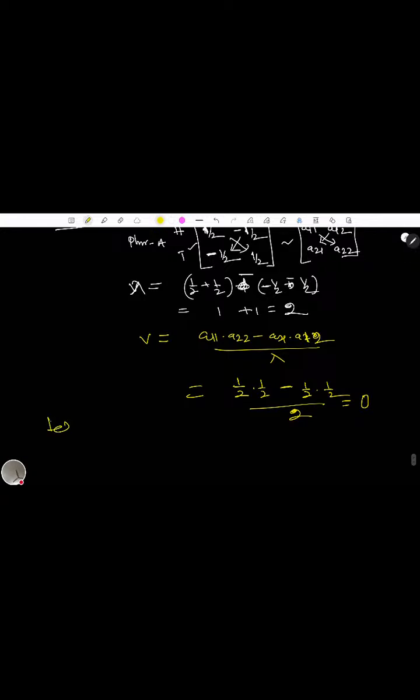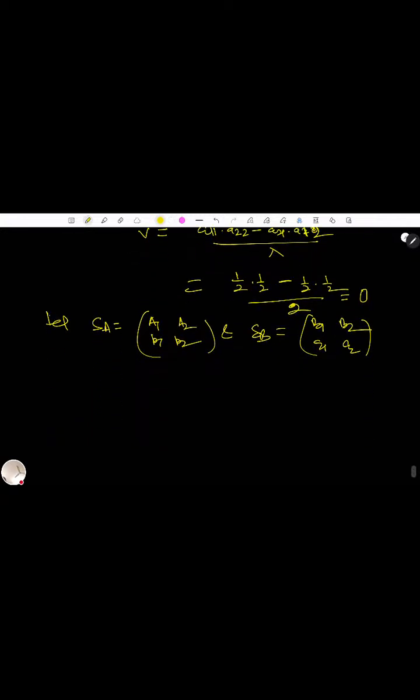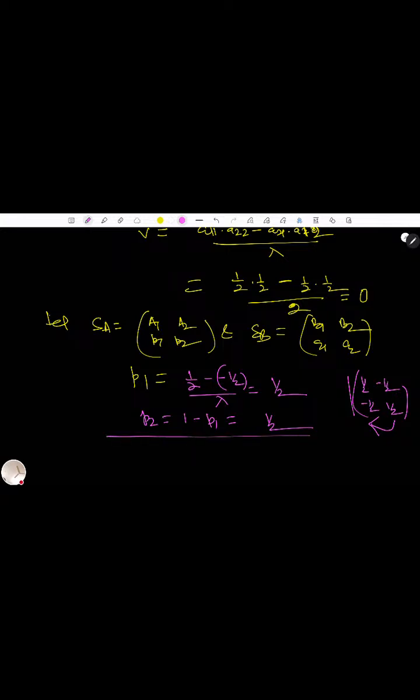Now let your mixed strategy SA be A1, A2, P1, P2 and SB be B1, B2, Q1, Q2. So what is your P1 now? We find P1. Your P1 will be this minus this, so this will be half minus half by lambda. So this is half now. Then what is your P2? It is 1 minus P1, here again half. Similarly, what is your Q1 now?